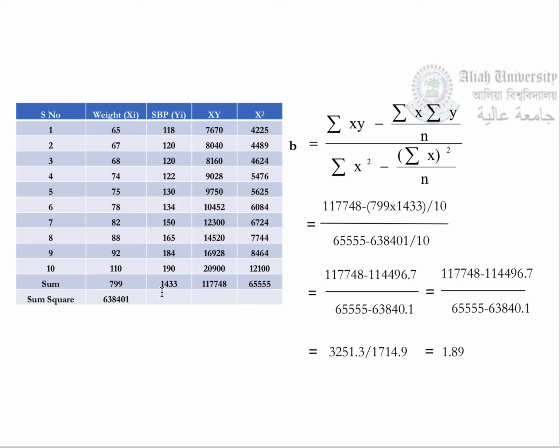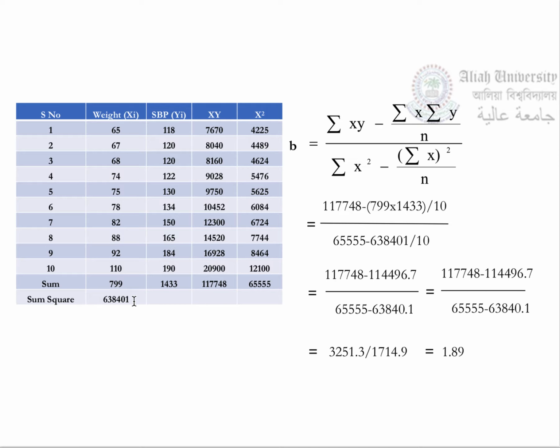The 1433 gives you the value of summation y. Then summation xy, summation x square, and summation of x whole square. So this is the summation of x, that is 799, and that whole square.